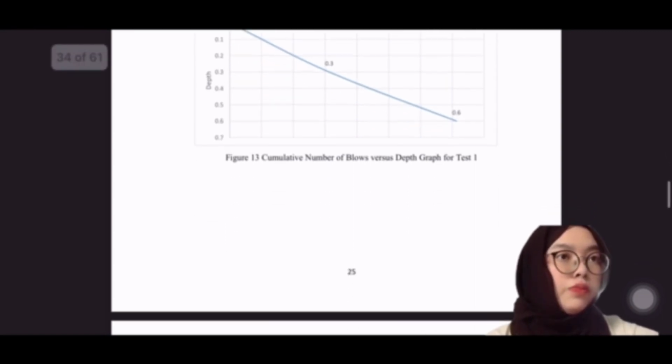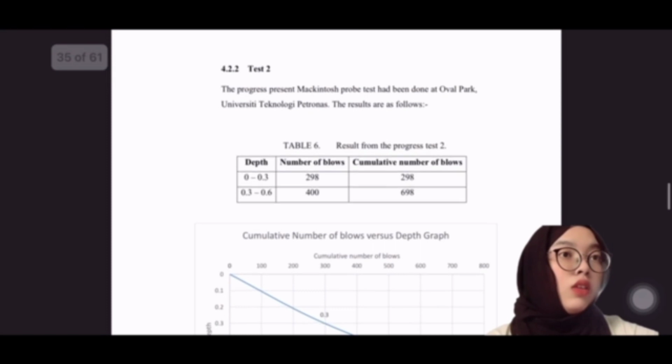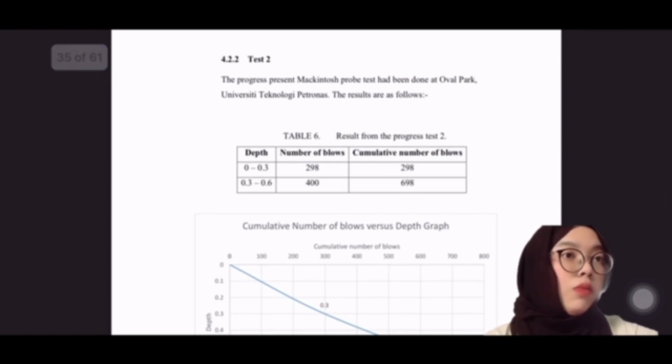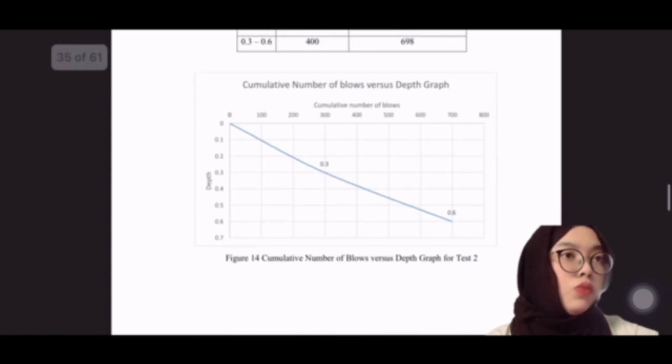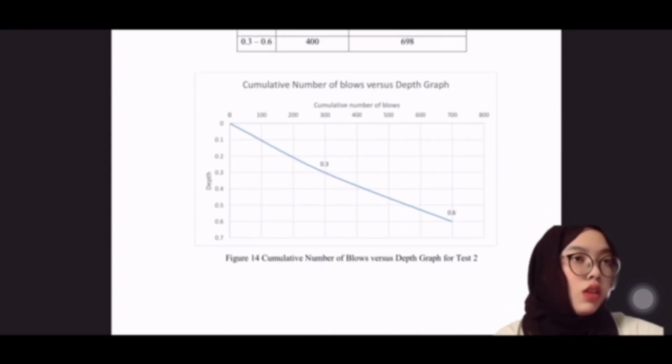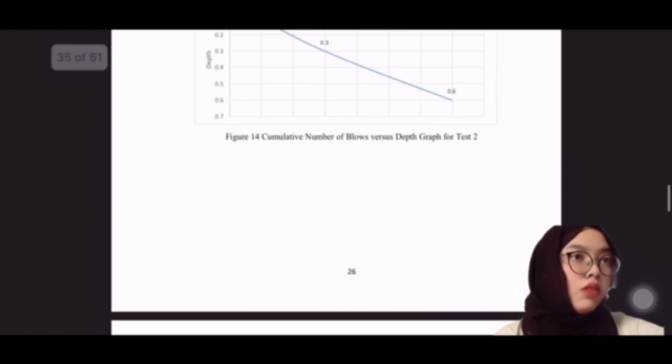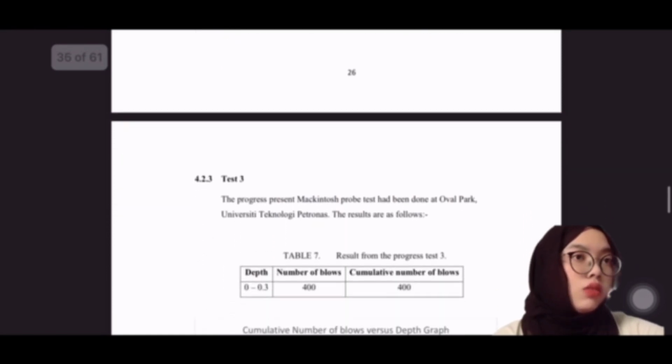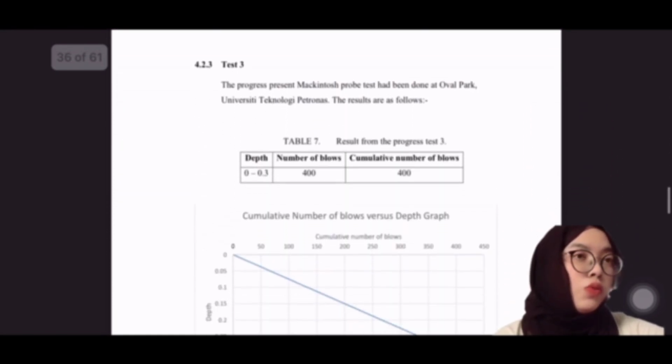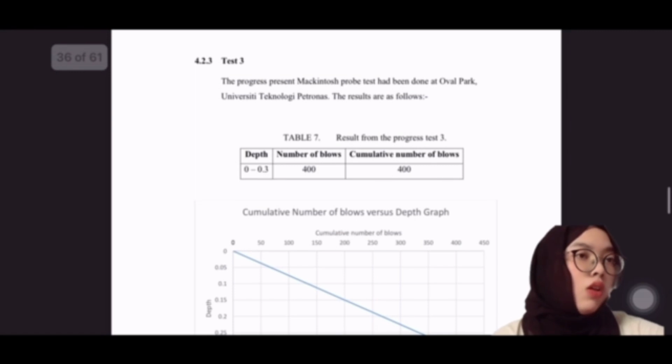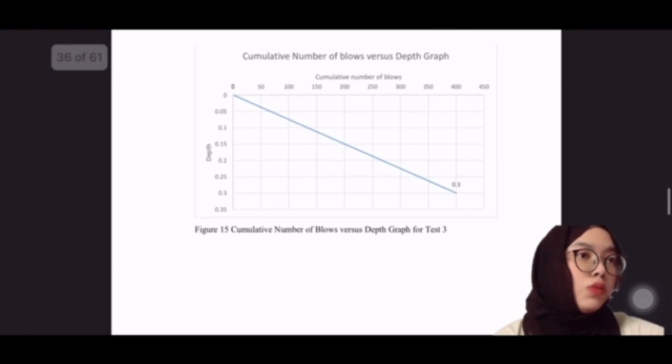And for test 2, the depths are still the same, and this is the cumulative number of blows for test 2. For test 3, there is just one depth, which is 0 to 0.3, and the number of blows is 400, and the cumulative number is also 400. And this is the cumulative number of blows versus depth graph for test 3.